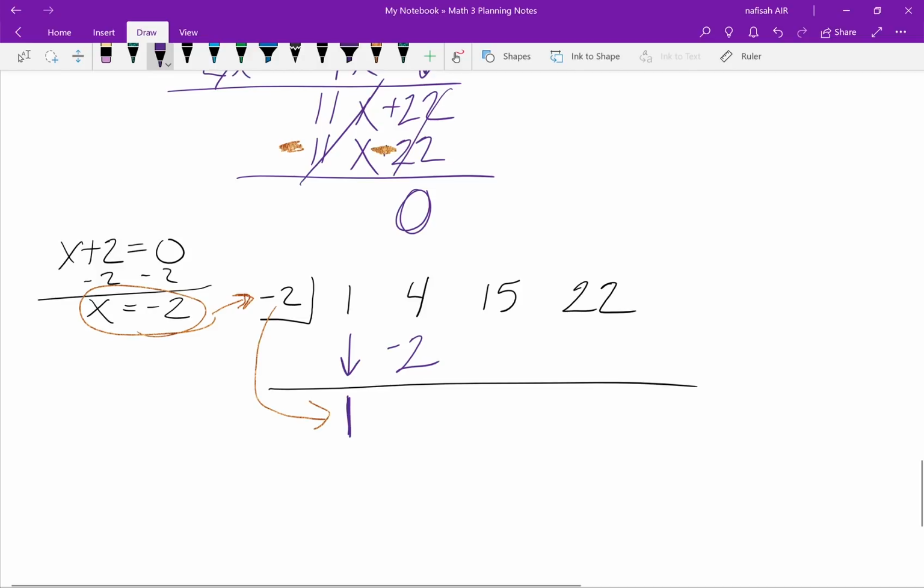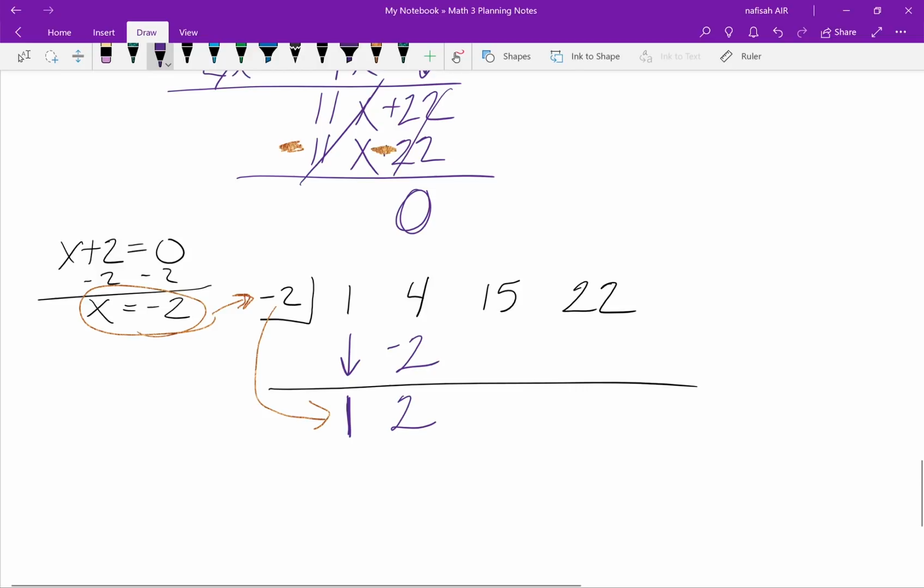Every time you multiply the number in the box by the number under the line, you write it under the very next number. From there, you just go ahead and do the addition or subtraction. I have +4 minus 2. 4 minus 2 is 2.